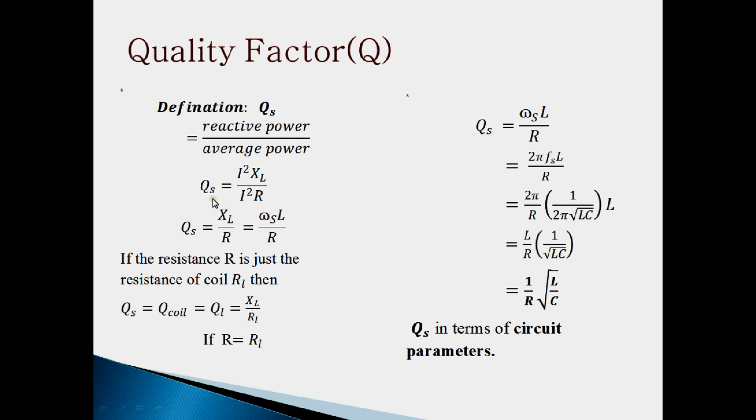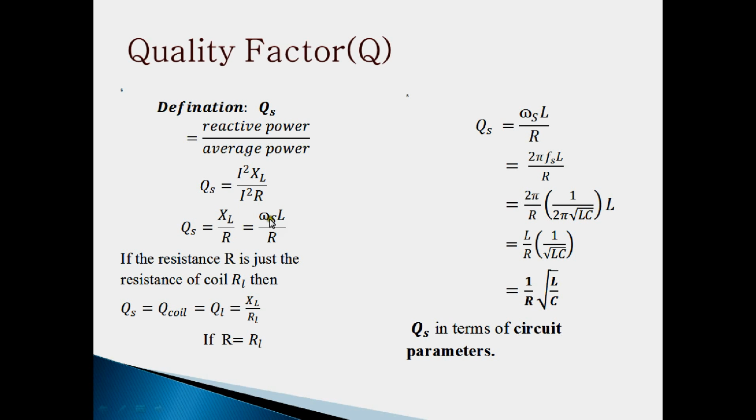So at resonance condition, total impedance is equal to R. So quality factor at resonance for inductor is equal to I square into XL divided by I square into R. So quality factor is equal to XL divided by R, because I square gets cancelled here.